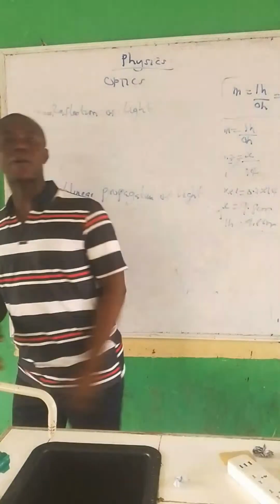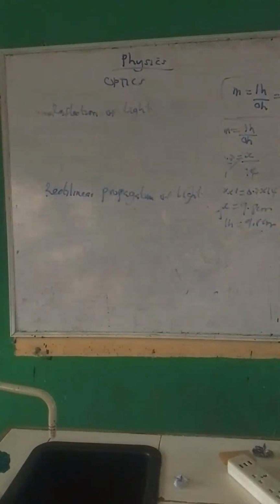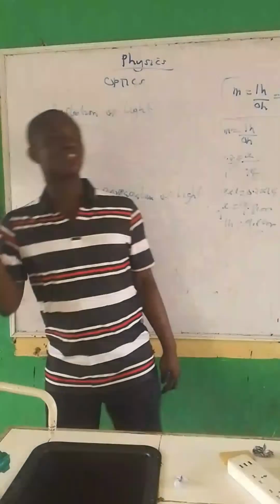The rectilinear propagation of light is the phenomenon that shows that light travels in a straight line. It's a phenomenon that shows what? That light travels in a straight line.